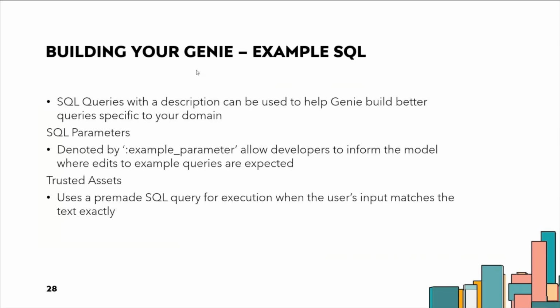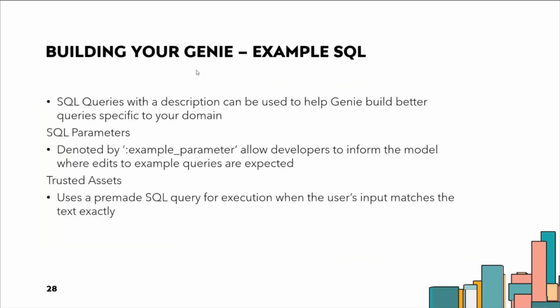This is telling the model, okay, when we see the colon example parameter in here, that means that this is something you're allowed to replace in this query. So maybe we want to see the average revenue of different marital statuses. Maybe the example parameter can be which gender or ethnicity, whatever's in your table. Then you can tell it, okay, we only want to see this type, and it can replace that for you in a where clause or something like that.